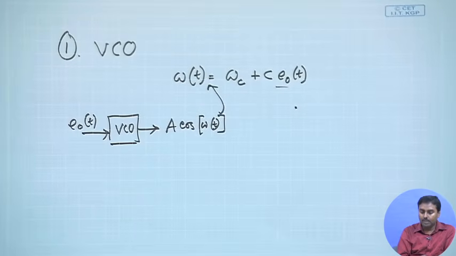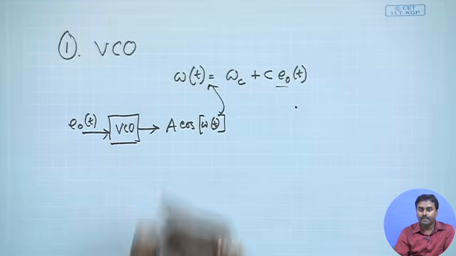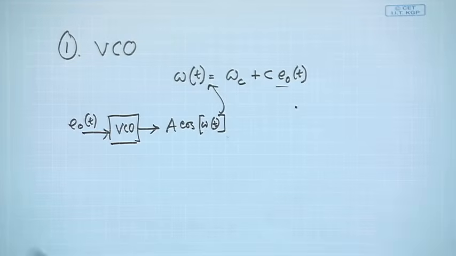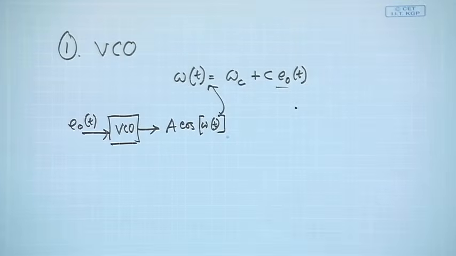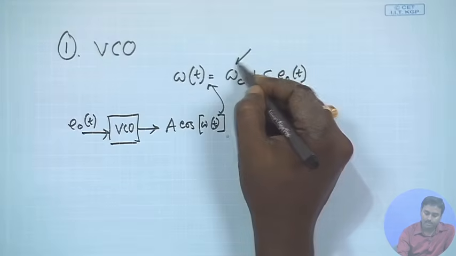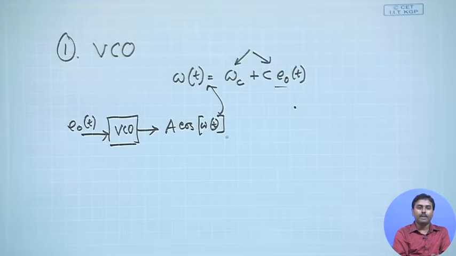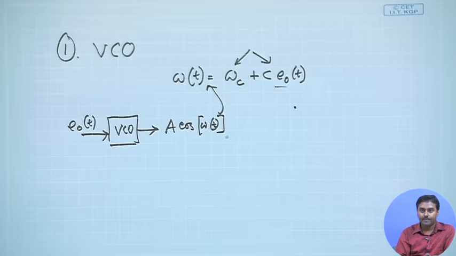You can immediately see that omega t, the frequency of the cosinusoid coming out of the VCO, is proportional to E0 t, and proportional means it must be linear. So, this is a linear curve with two constants which are specific parameters of the VCO. One is this omega c. What is omega c?